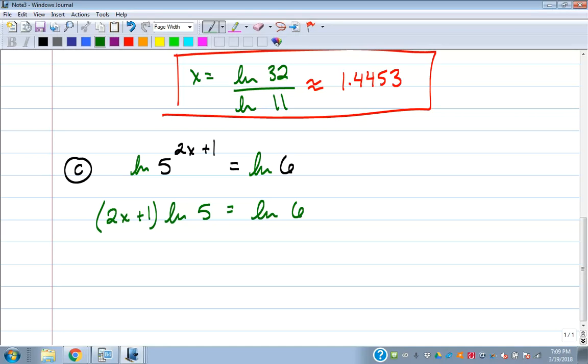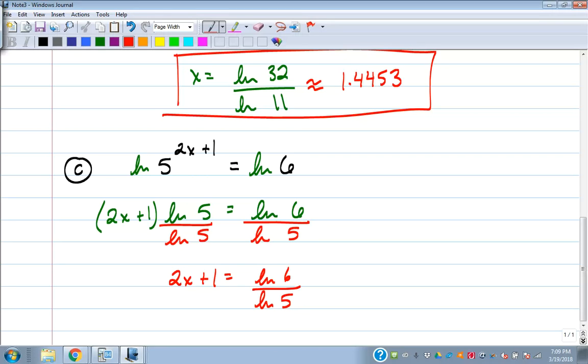So this is just a regular number. If I just divide by this, it'll get the ln 5 out of the way. And all I have left on that side is 2x plus 1. So that's what I'm going to do. I'm going to divide by the natural log of 5. That'll leave me 2x plus 1 equals natural log of 6 divided by natural log of 5.